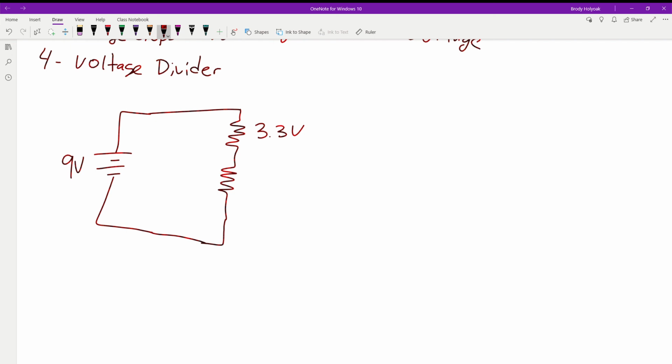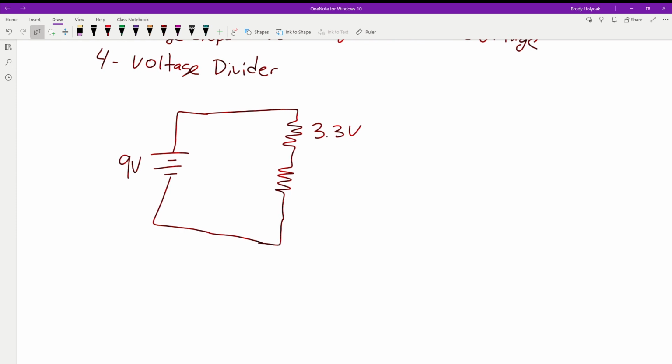I'm just going to use this as a resistor right now, not to confuse you guys, but I want an LED that turns on when this is connected up. The LED is going to drop 3.3 volts. The rest of it, I can drop across this resistor.